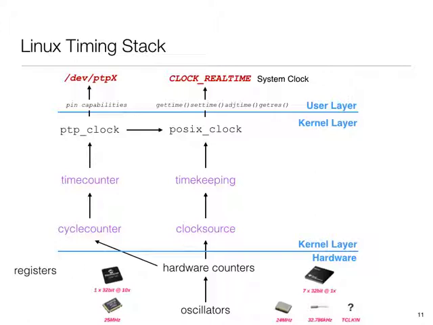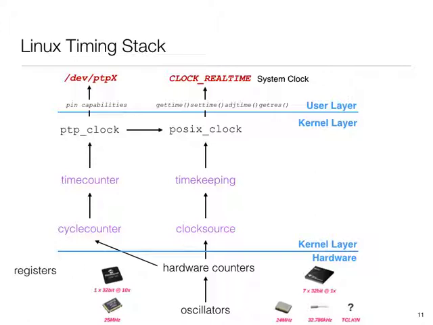The cycle counter is just a wrapper around your hardware counter, and the time counter maintains the nanoseconds: it converts the cycles given by the cycle counter and the hardware counter to nanoseconds, depending upon the frequency of your oscillator. And then some other things too, which I'll explain in the next slide.